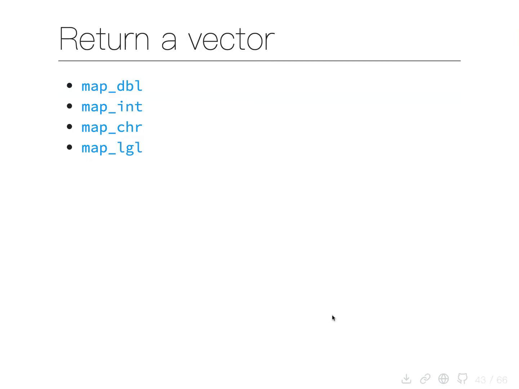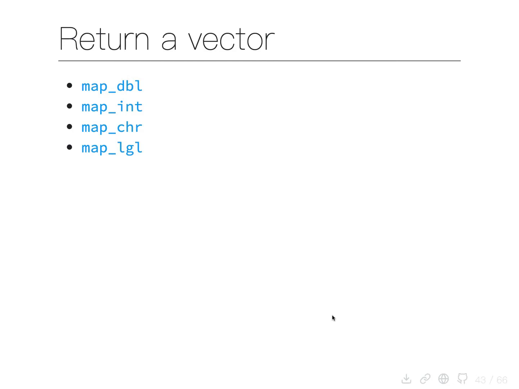But I would argue it's much easier to remember the syntax for those 5 functions than for those 2 functions. Because with vapply, you have to remember function and then the type, double, FUN.VALUE equals and then double parentheses 1 or something like that, right? Which is a little obtuse.